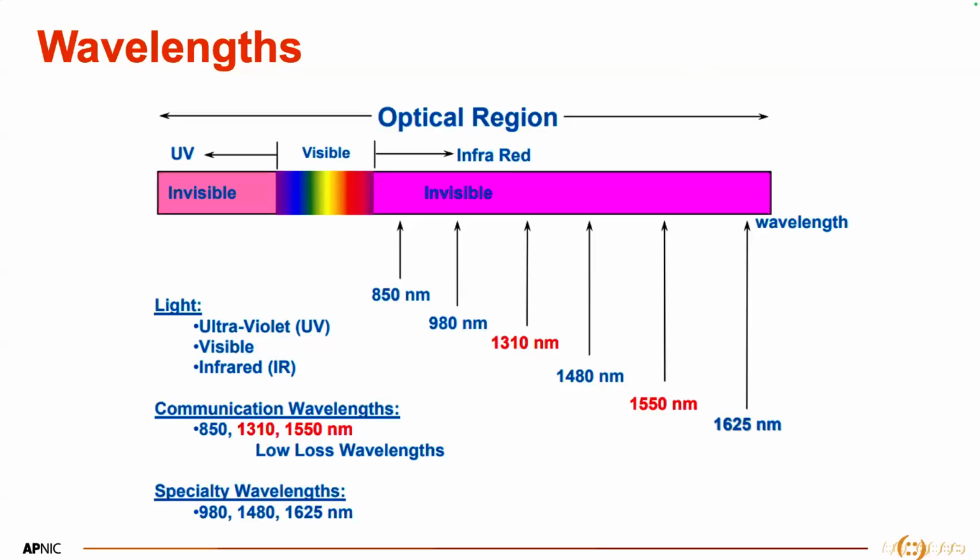For the invisible region, we cannot identify different colors of light. At one extreme end of the invisible regions we have ultraviolet ray, and at the other extreme end we have infrared ray, right? When we talk about optical communication, we basically talk about the infrared region, where there are specific wavelengths for specific tasks, and we use those wavelengths for those tasks only, right?